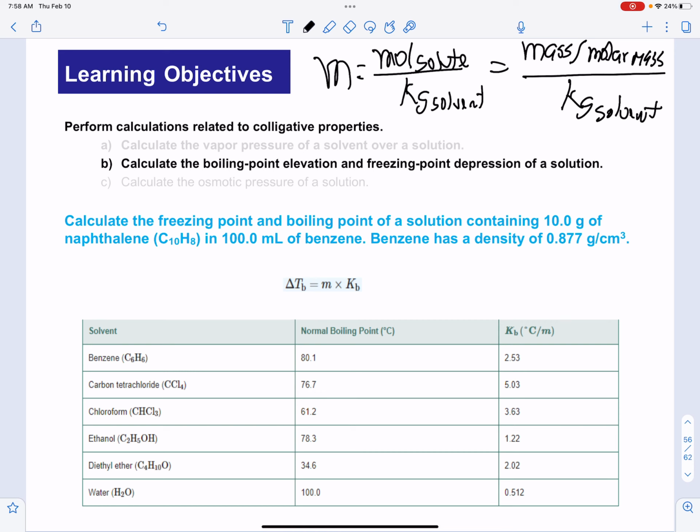So if I make a new compound, I don't know exactly what the formula is, I don't know anything like that. I can take that compound, I can dissolve it in water, I know that the freezing point of water is 0 degrees Celsius. I can measure exactly how much of the new compound I'm putting there. I can measure exactly the amount of water that I'm putting there. I can find my change in freezing.